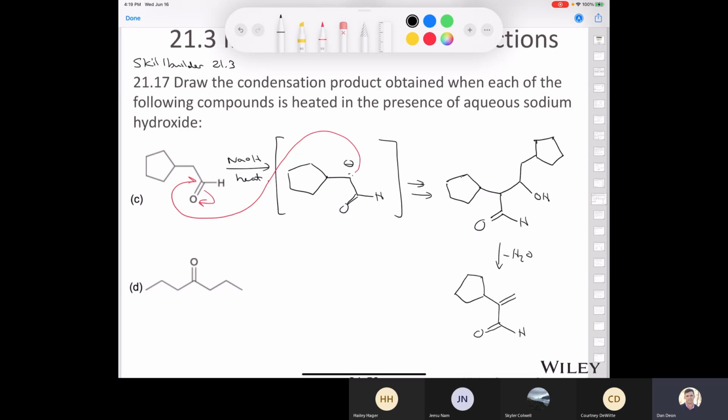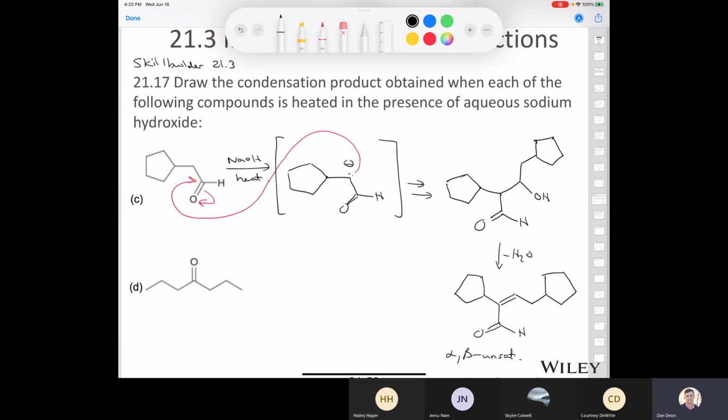I have my double bond, and I have another CH2, and then I have my cyclopentyl group over here, like this. So this is the aldol condensation product. So this is my alpha beta unsaturated aldehyde in this case. But either way, it's an alpha beta unsaturated carbonyl compound.